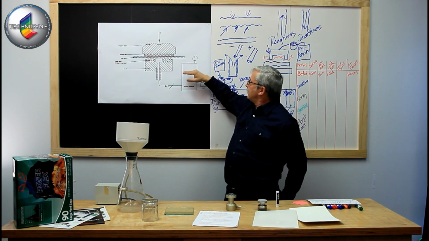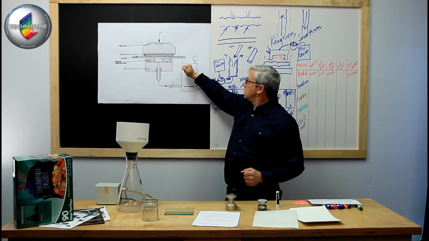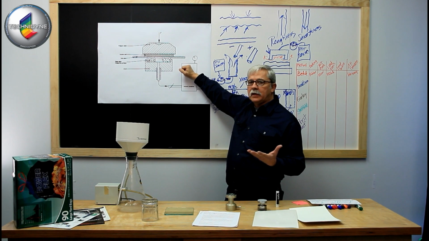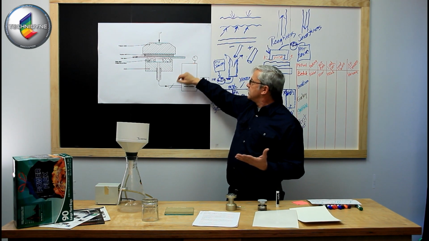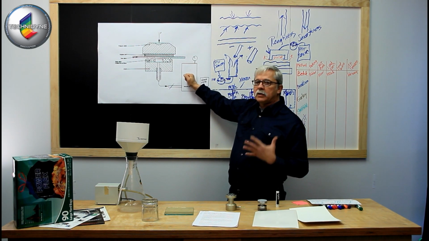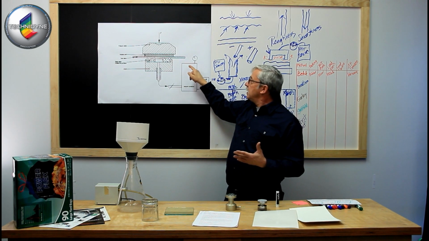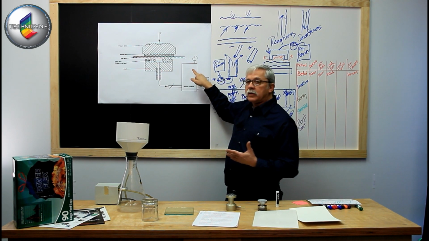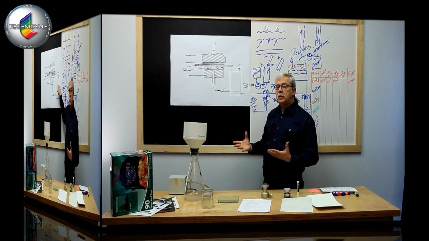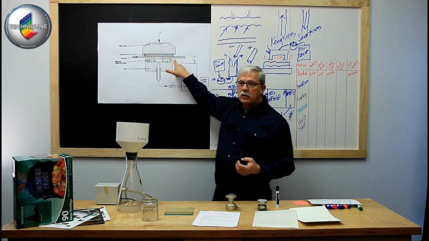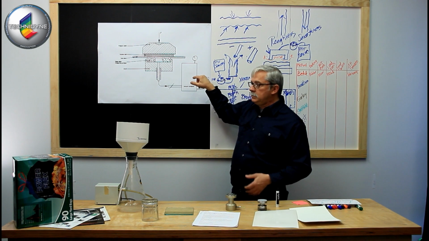Now it turns out that if I always draw it down to a particular negative pressure, and I open this valve and allow it to drop down to a predetermined level of negative pressure, I can actually measure the amount of air that flows through here, and that measurement would be 10 cubic centimeters of air that will pass through here.